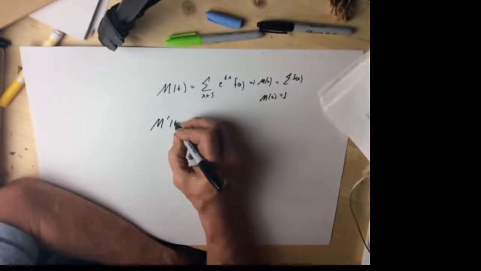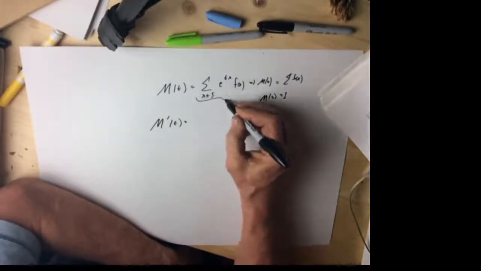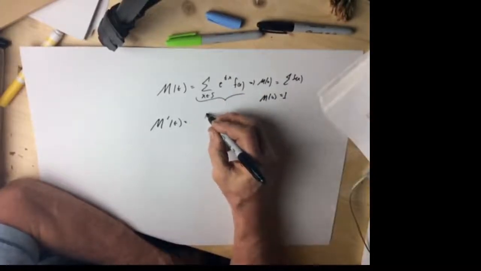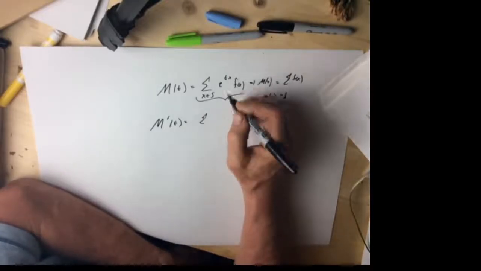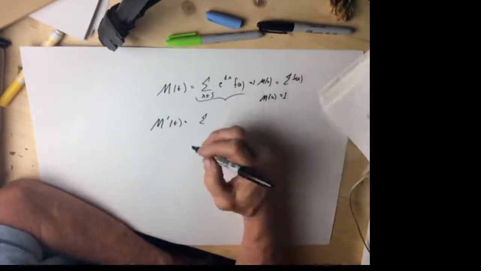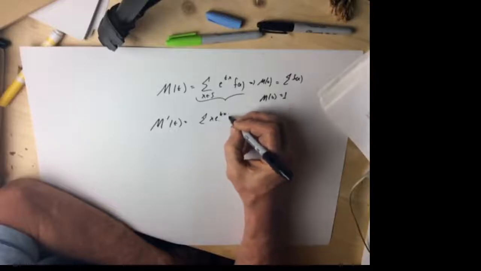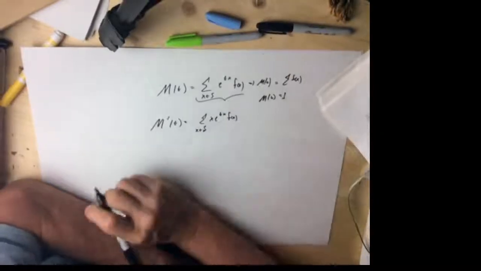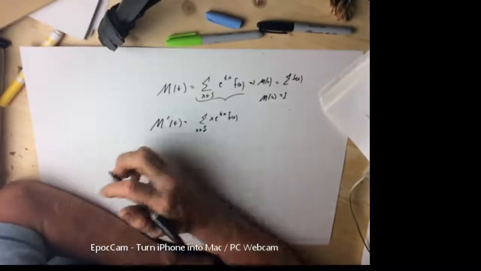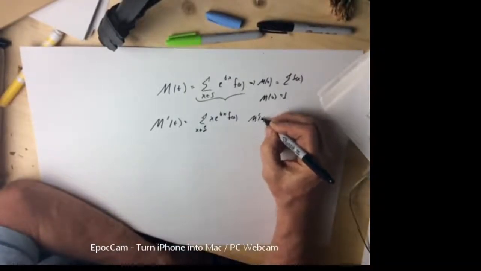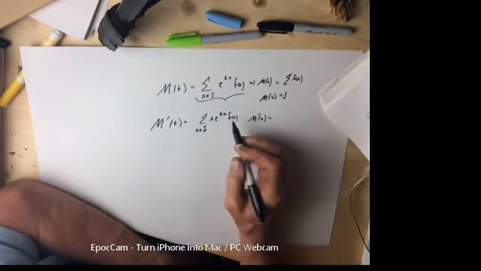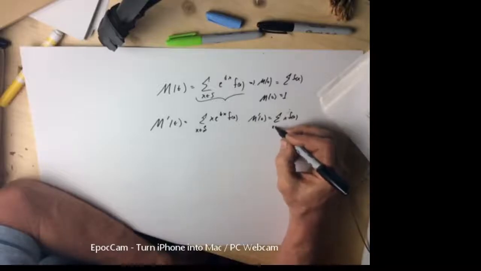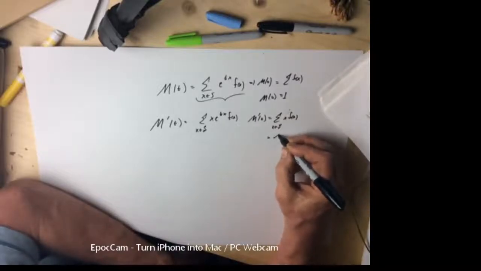Now I'm going to take the derivative of m of t. So t is the variable, x is our constant over this sum. So this becomes a sum, e to the tx, its derivative with t as the variable is x e to the tx f of x, over x in S. And now when I plug in 0 into this, the exponential goes away and I get the sum of x f of x over x in S. Lo and behold, that's mu.